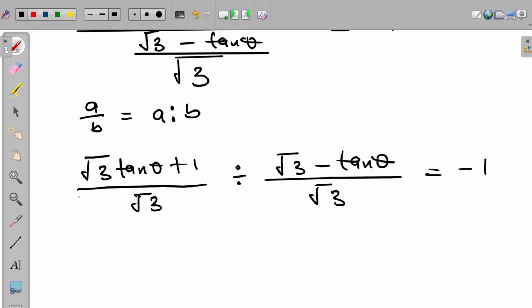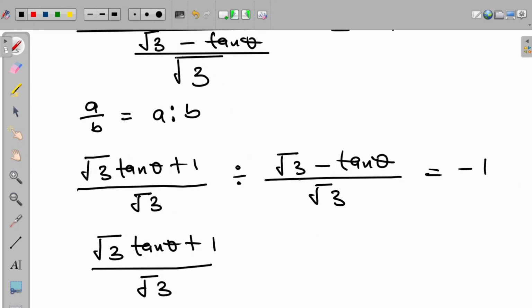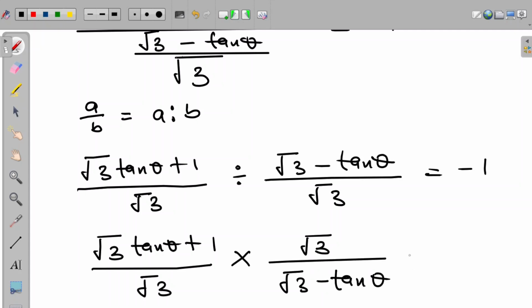Mathematically, the left-hand side can also be expressed as root 3 multiplied by tan theta plus 1 all divided by root 3. Now we take the multiplicative inverse, so this becomes times root 3 divided by (root 3 minus tan theta), all equal to negative 1.